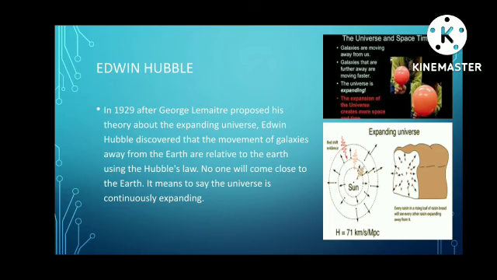So galaxies are moving away from us, and galaxies that are farther away are moving faster than those galaxies that are nearer to our planet Earth.